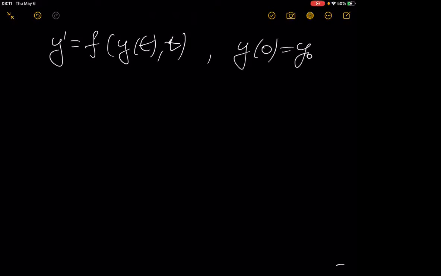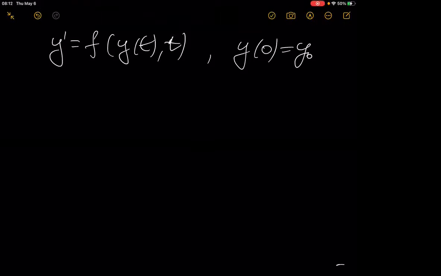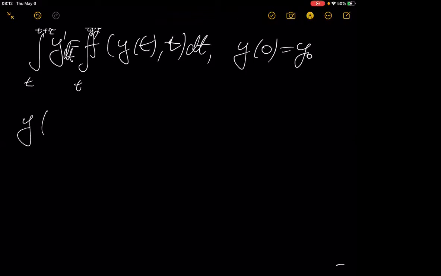You remember, the midpoint method is that when we integrate the left-hand side from t to t plus tau by dt, and the right-hand side from t to t plus tau by dt, we get y(t plus tau) minus y(t).